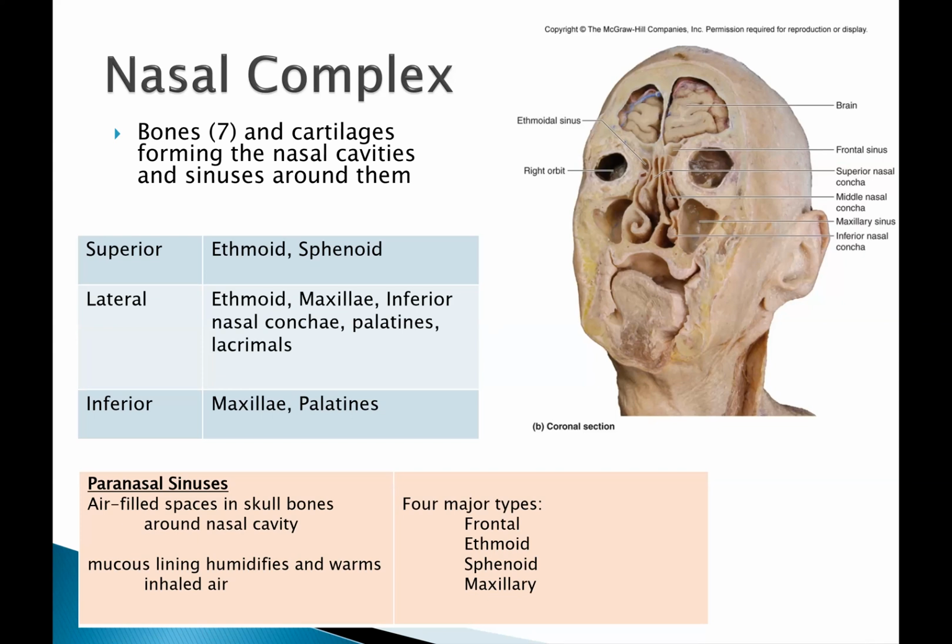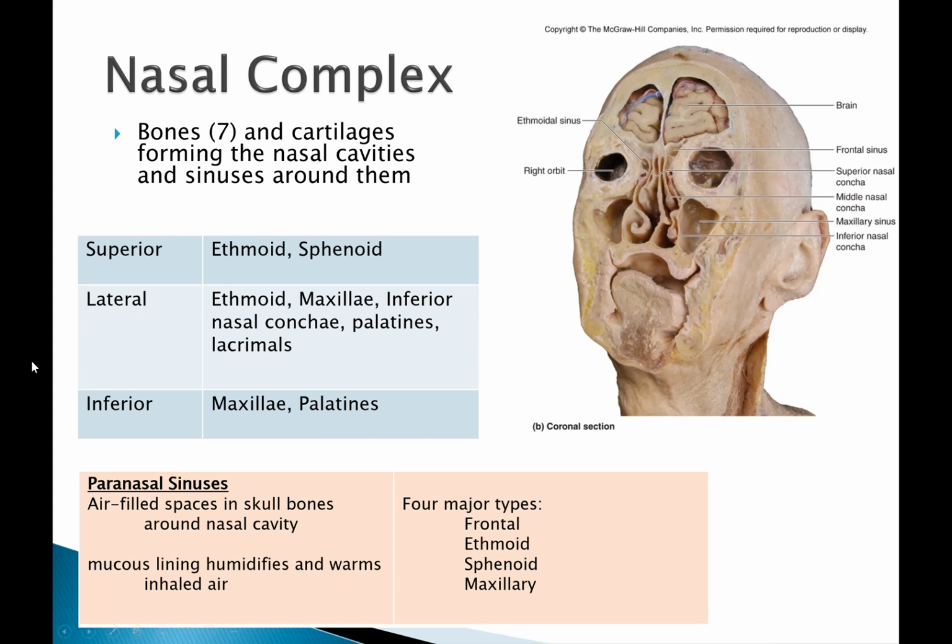It's formed by 7 different bones that form this maze or network for air to go through. So when you breathe in through your nose, it's not just touching your nasal bones, it's touching 7 other bones that help move the air through.